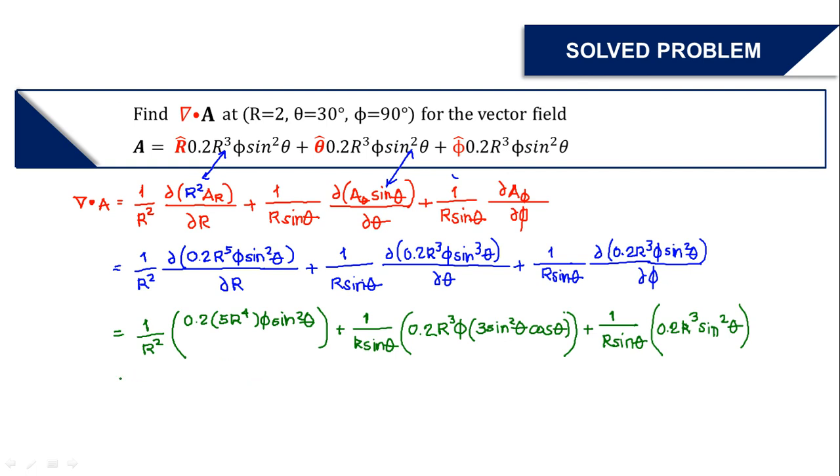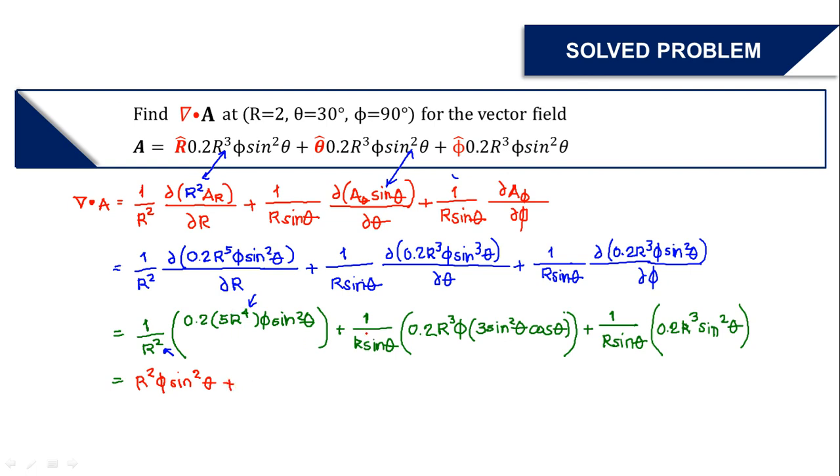Hindi pa tayo dyan natatapos. I-simplify muna natin. Ayan. So, ito, magiging r squared na lang yan, di ba? Dahil dito sa dalawa na to. Dahil dito, saka dito, magiging r squared na lang yan. So, we now have 0.2 times 5 actually is 1, right? So, 1 lang yan. Kaya, r squared na agad tayo. R squared P sin squared theta, right?